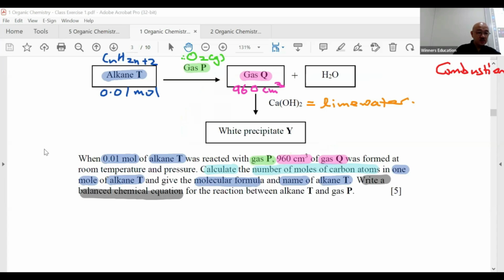And when I test limewater with which gas, my friend? Carbon dioxide. I will get a white precipitate of calcium carbonate. And because of that, I therefore know this is complete combustion. Once again, very confidently. Everything is there.